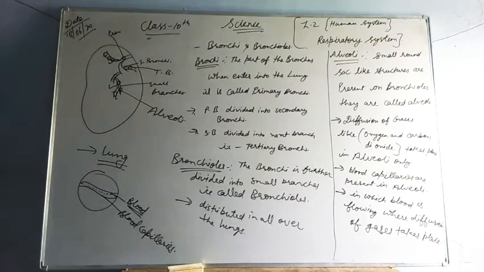And you should be able to write at least a few lines about your parts also, like bronchi, like bronchioles, like alveoli, etc. All these things you should be able to do. Clear? Next.